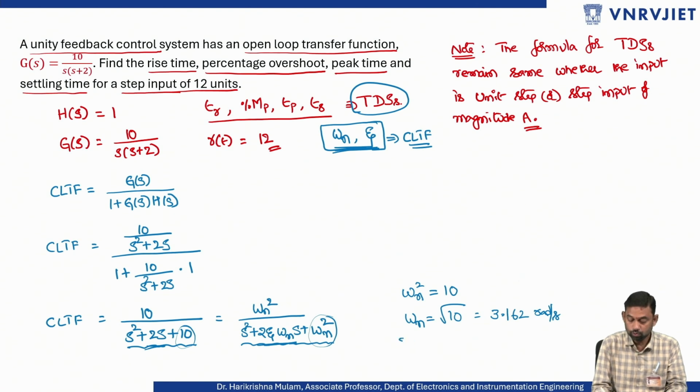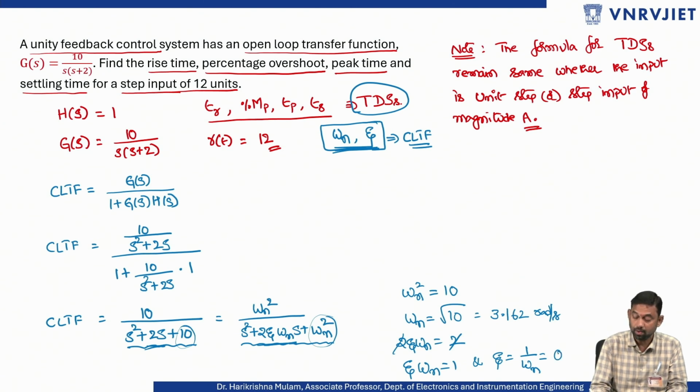Then compare 2s with 2 zeta omega n s. Therefore, 2 zeta omega n is equal to 2, the 2 gets cancelled, so zeta omega n is equal to 1, and zeta is equal to 1 by omega n. As omega n is 3.162, if you substitute here, you will get zeta as 0.316.